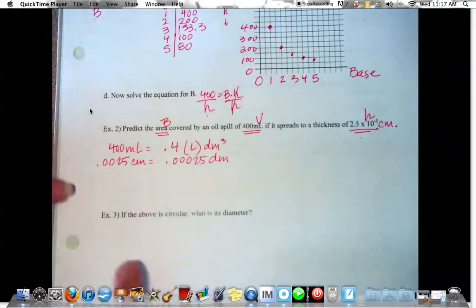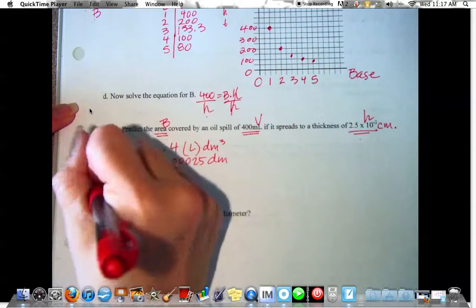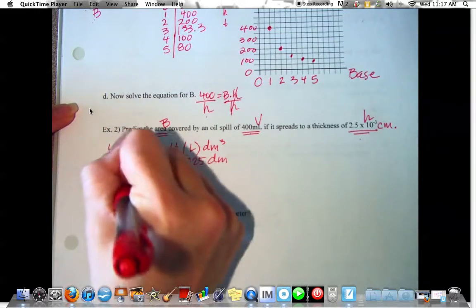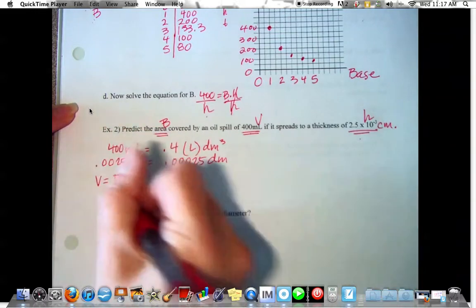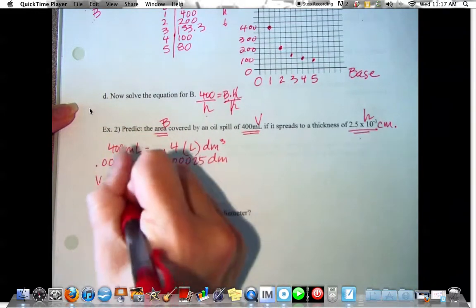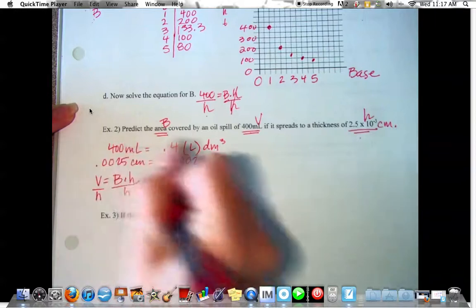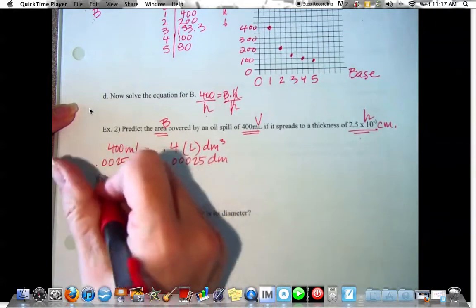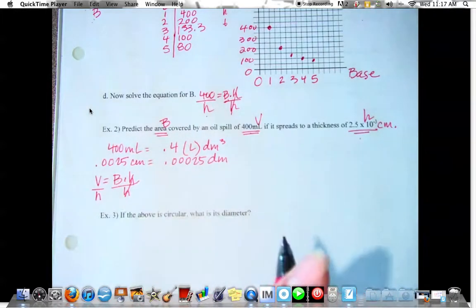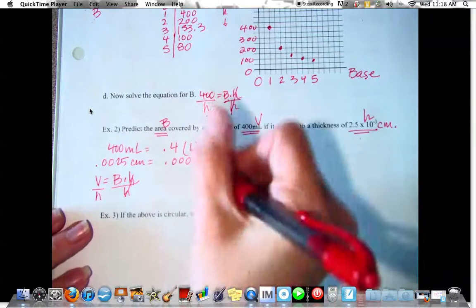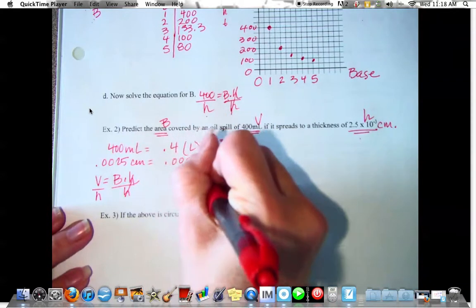So on the warm-up, we found volume equals area of the base times the height, and when we want to solve for the base, divide both sides by the height. So base equals volume divided by the height. So your volume is 0.4 cubic decimeters.